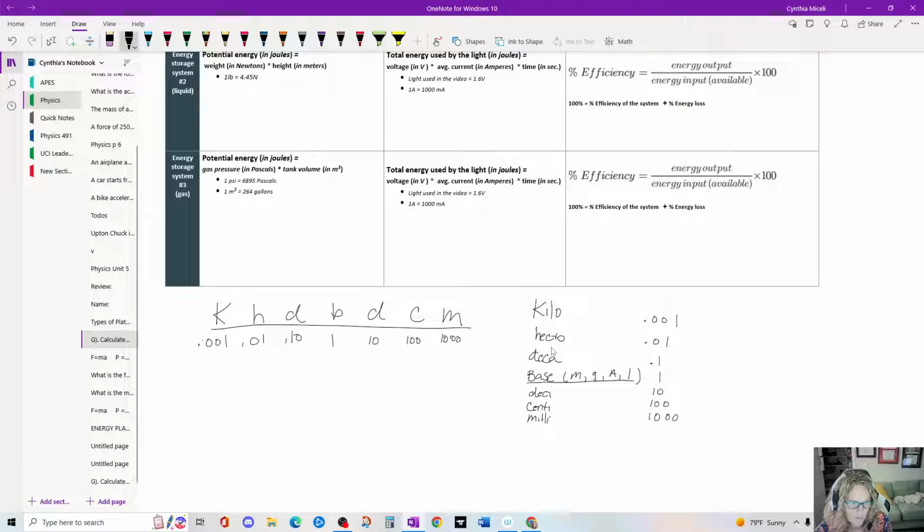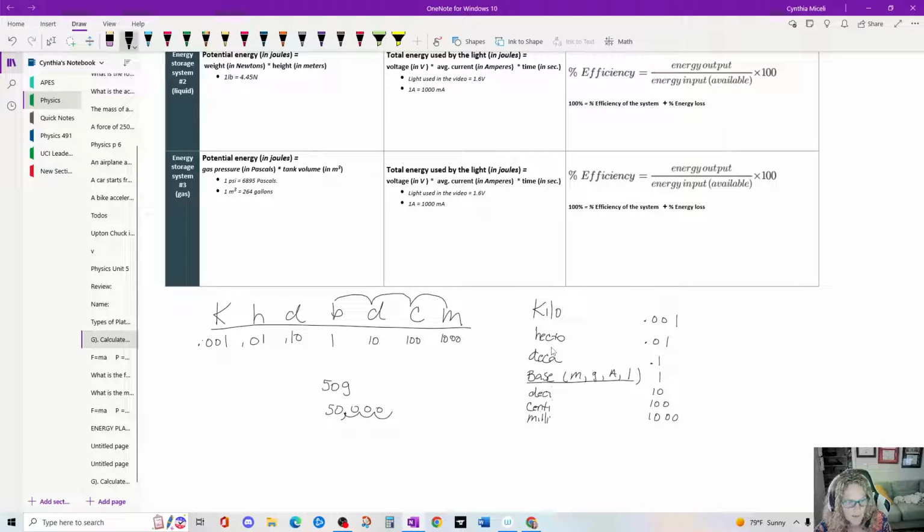So if I have 50 grams, which is a base unit, and I want to know how many milligrams it is, I hop from the base unit 3 jumps over to the milligram unit. And the 50, we know that there's a decimal right there. We're going to create 1, 2, 3 more spaces for that decimal. So 50,000 milligrams are in 50 grams.